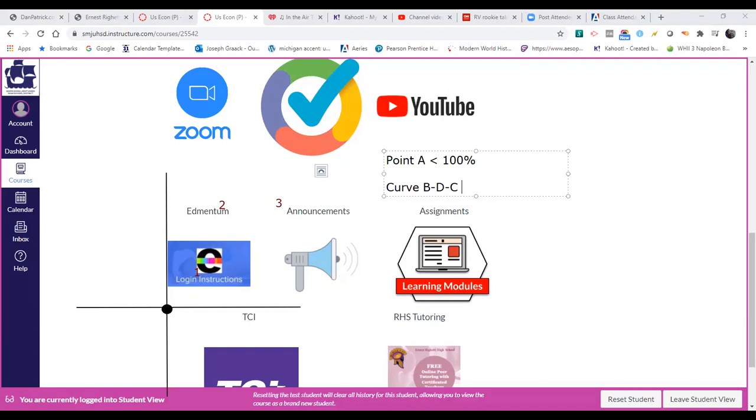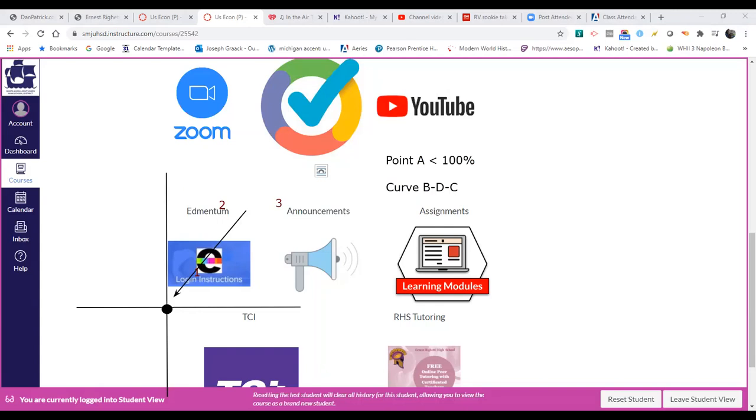As we get to the origin, the numbers get smaller, because the origin is 0, 0. So if area 1 is less than 100%, this curve BDC would be what? We've got 3 areas. Area 1 is less than.